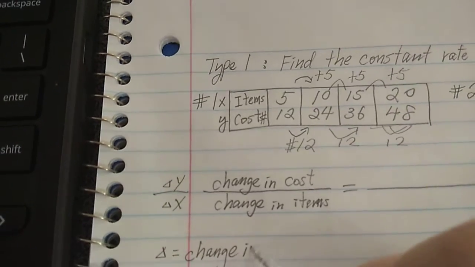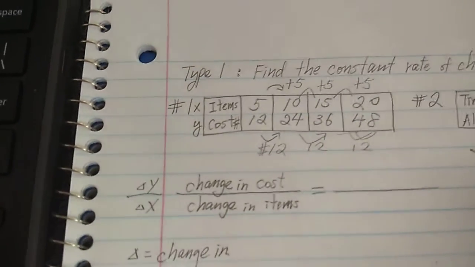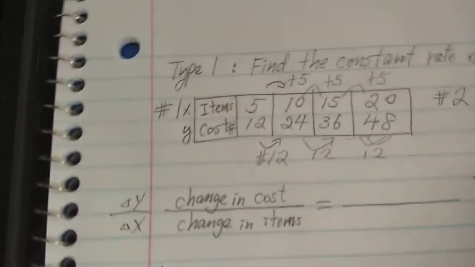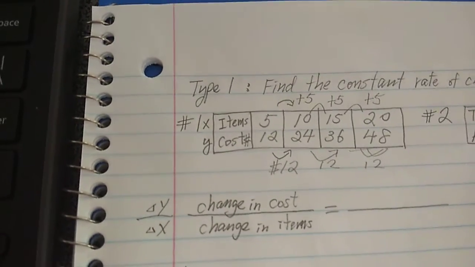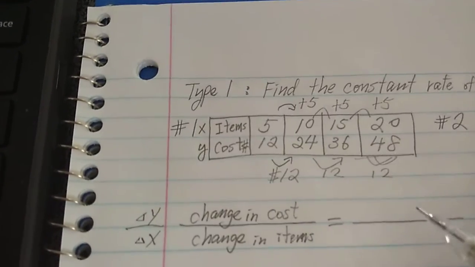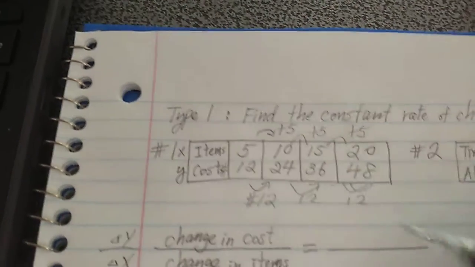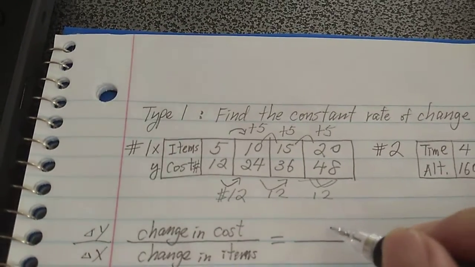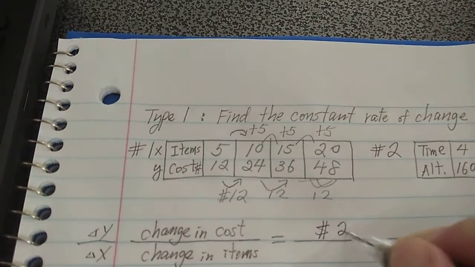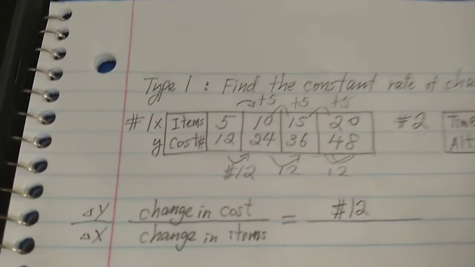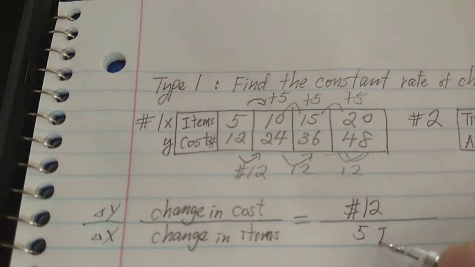So the slope or the rate of change is always the change in the y over the change in the x. We're going to write down the change in the cost, which is $12 for every 5 items.